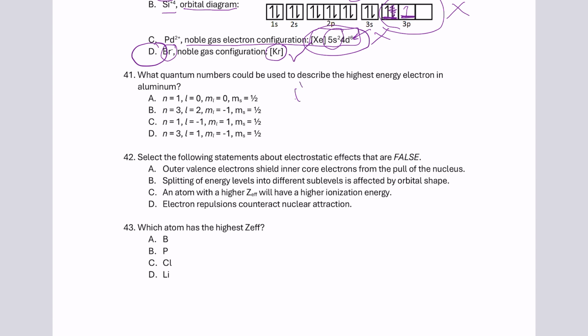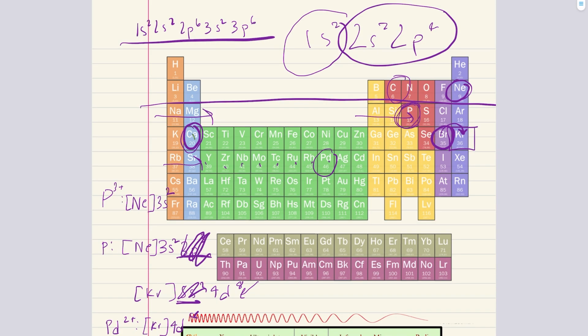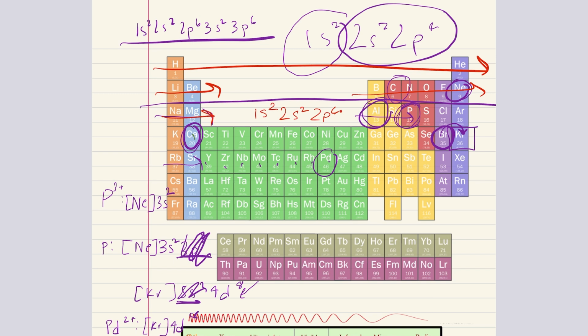Step number 1 is to write the electron configuration for aluminum. Aluminum is right here. So its electron configuration is going to be 1s2, 2s2, 2p6, 3s2, 3p1.